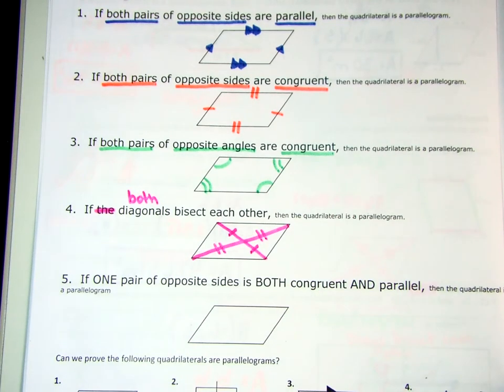Okay? So if you can show that, again, I'm not showing that the diagonals equal each other, I'm showing that they've been cut in half. So if I can show that my diagonals have been cut in half, then I can say I have a parallelogram. So my opposite sides are parallel, my opposite sides are congruent, my opposite angles are congruent, and my consecutive angles are supplementary. Okay, all the things.